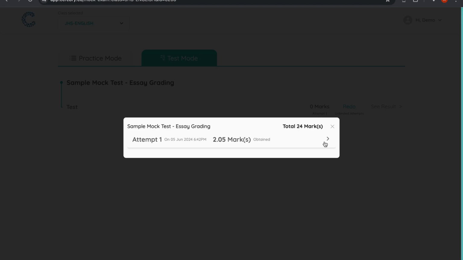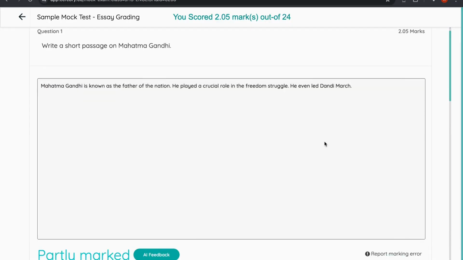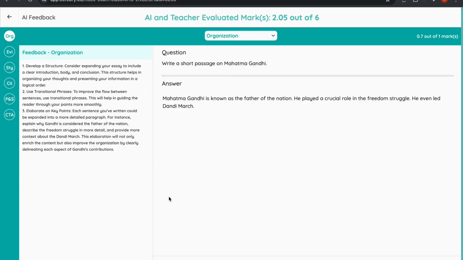By clicking on this, I can view my result in a detailed way. Clicking on the AI feedback, it'll show me the feedback for the essay that I've written.